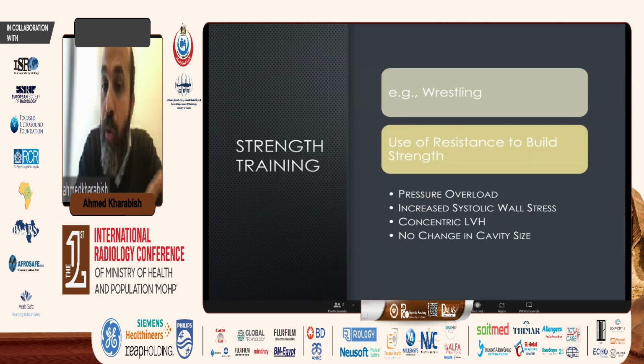As you may all know, there are two different types of sports at the moment. One is the static type, for example wrestling and weightlifting, which builds resistance and causes an adaptation of the heart in the form of hypertrophy, more than ventricular dilatation.